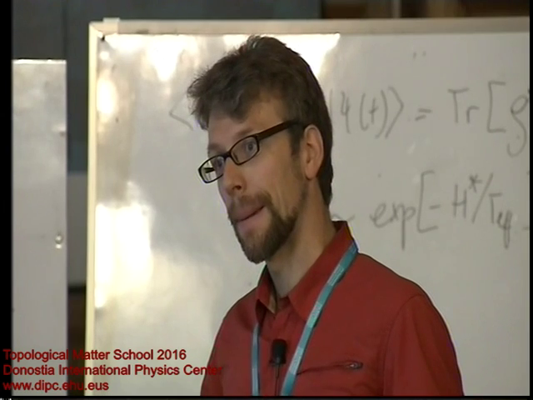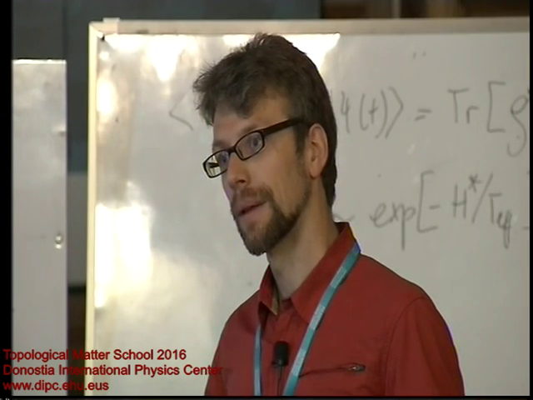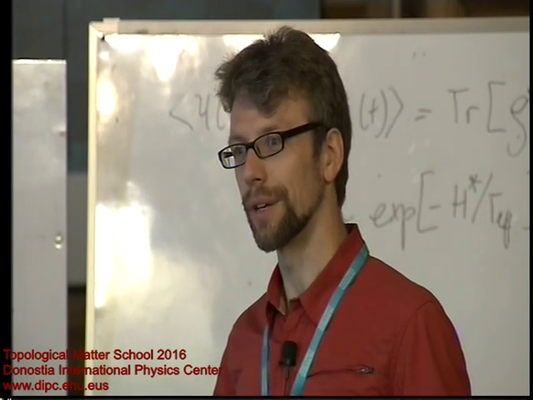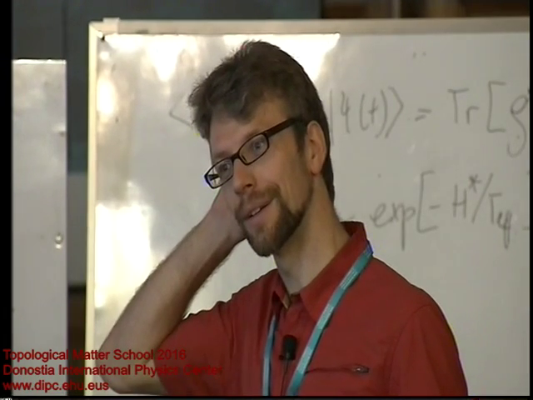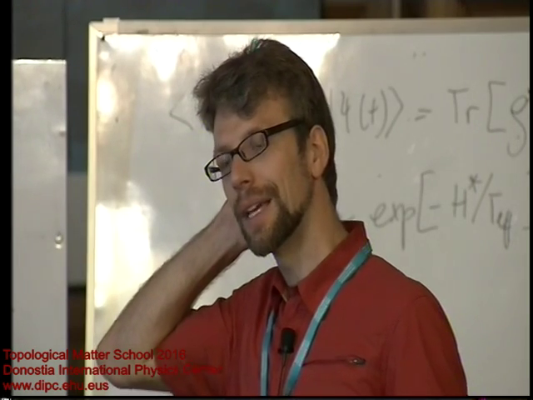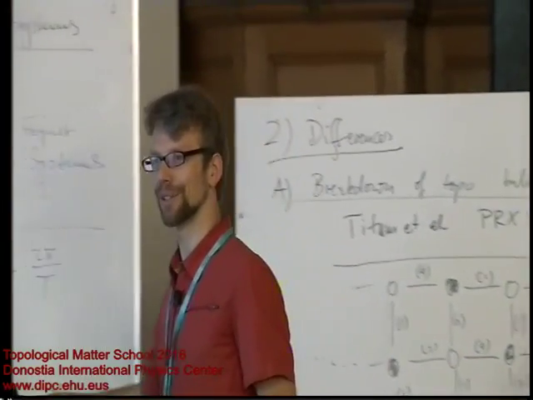But wait, not the Chern insulator. No, I mean, right. This is a Chern insulator. Yeah, I'm not saying that, okay, so this is not a counterexample against, now you're drawing it to another system, right? So I don't know.